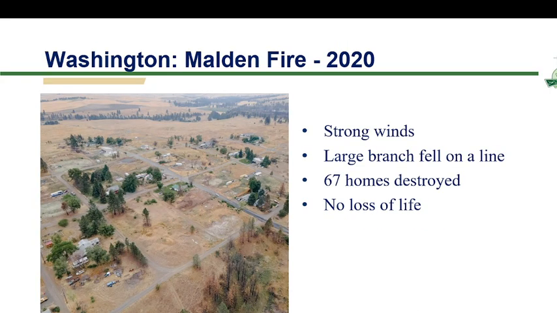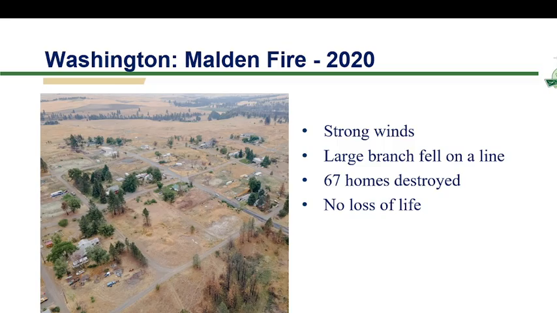All right, this slide also highlights the 2020 Malden fire in Washington, a devastating wildfire event driven primarily by strong winds that rapidly spread the flames across the area. The intensity of the wind not only accelerated the fire's movement but also contributed to infrastructure damage, including a large branch falling onto a power line, which is believed to have played a role in the ignition.